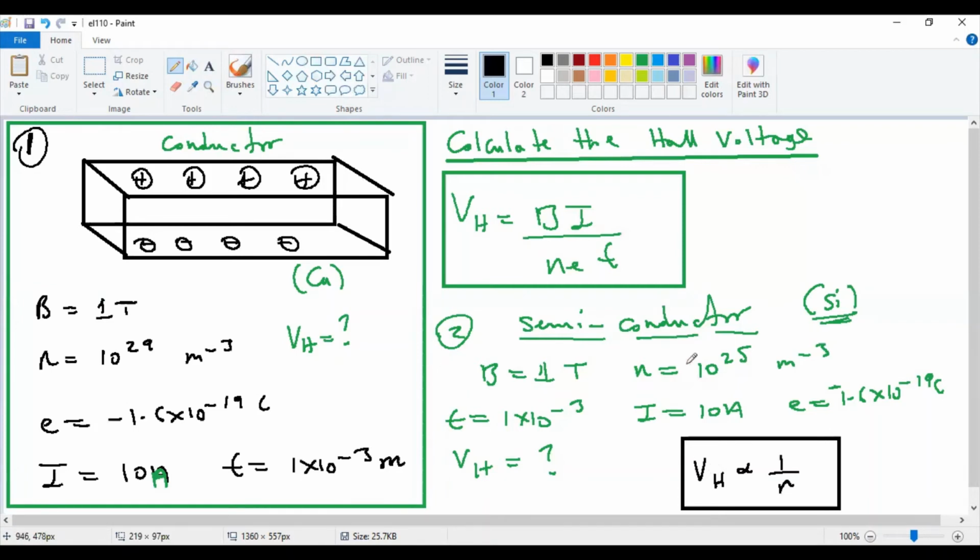But this is a very important property of semiconductors. You can set up a nice voltage because of the value of N. The value of N is much smaller than that of conductors. And of course, we'll explore semiconductors in great detail. So what I want to do is take a minute or two, perform this calculation, and then we'll move again.